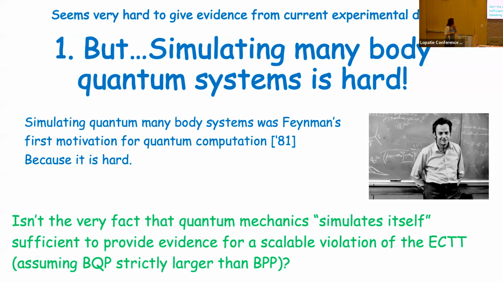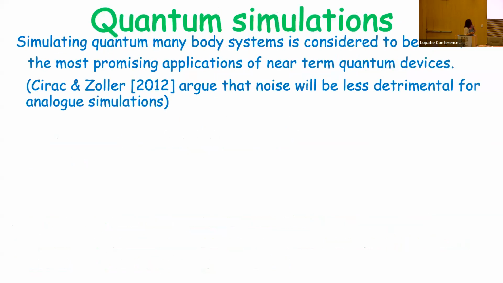I mean, it's hard to simulate quantum systems, and therefore maybe we already have evidence of quantum advantage given the fact that quantum systems run as they do.